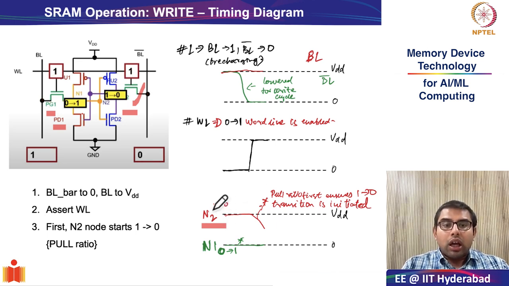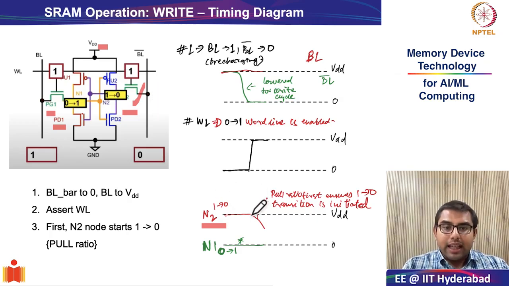This transition in storage node 2 will happen from 1 to 0. This transition will happen because you have the turning on of the transistor and a write current which will flow from the supply into the bit line bar.